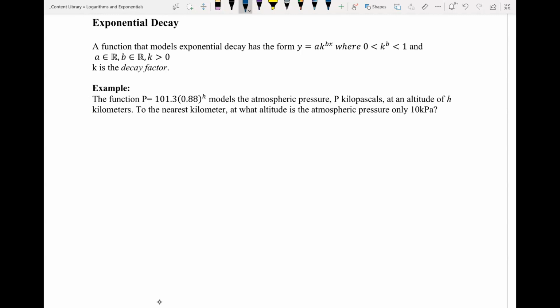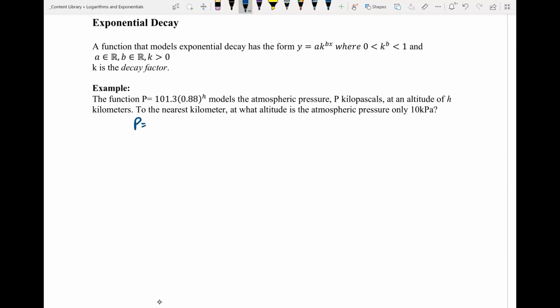So for example, we have a function P is equal to 101.3 multiplied by 0.88 to the power of h. And this models atmospheric pressure measured in kilopascals. We are looking for the altitude in which the atmospheric pressure is only 10 kilopascals. And h is the altitude in kilometers.